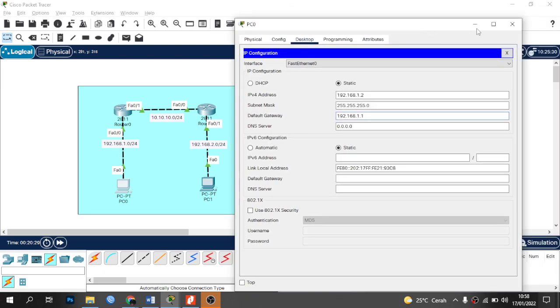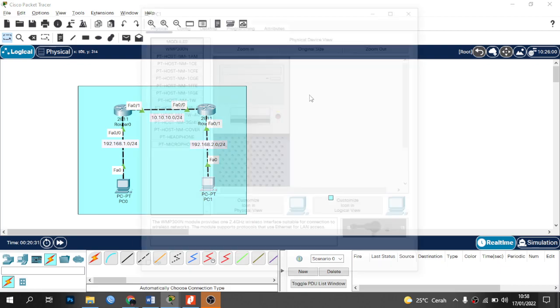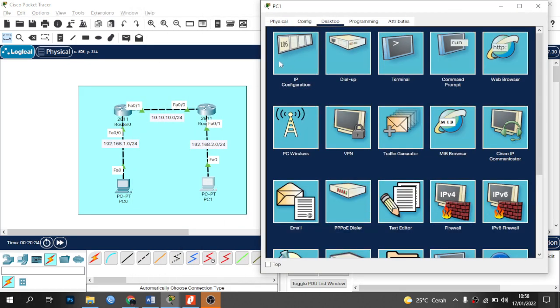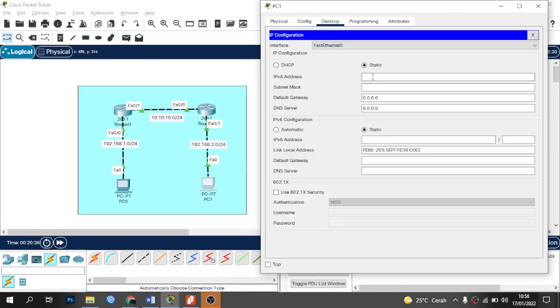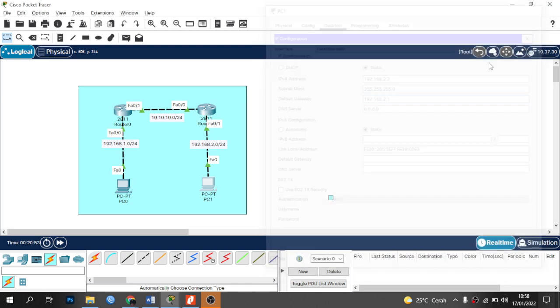Next, on PC1 the configuration: 192.168.2.2, subnet mask, gateway 192.168.2.1. Enter.